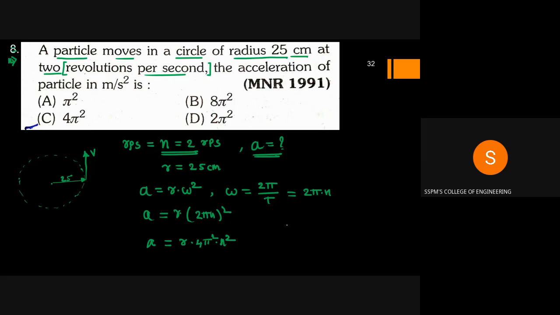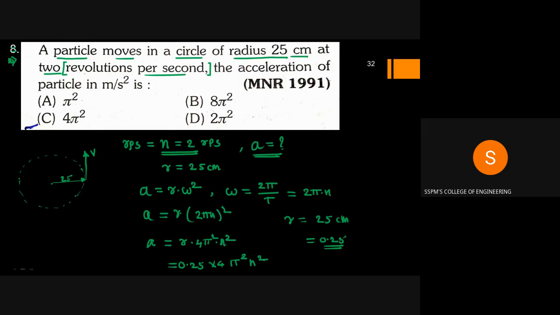Now r is given. So r is equal to 25 centimeter. So this is equal to 0.25. Okay. So you can put this here, 0.25 into 4 pi square into n square.